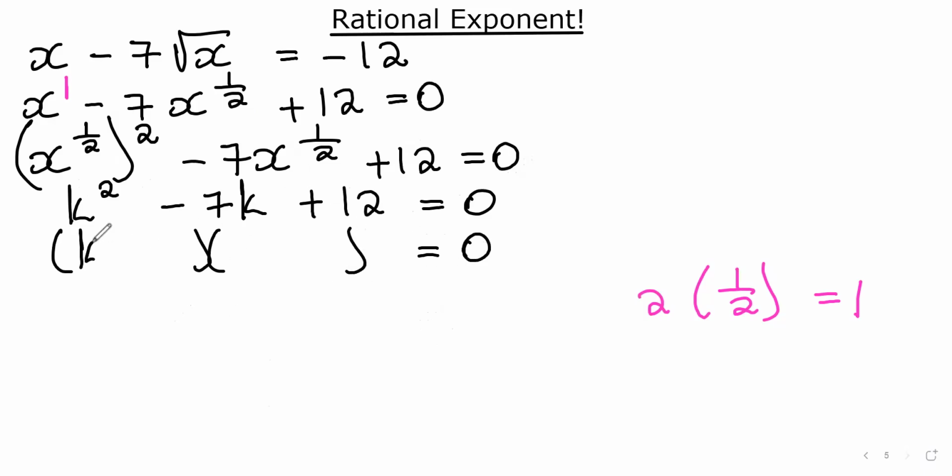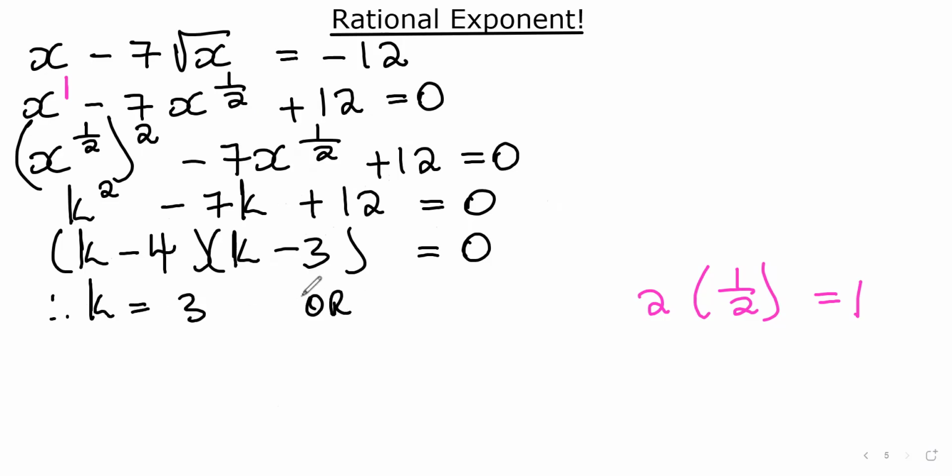Then we can now say, well, factors of k squared, that's k and k, factors of 12 that add up to 7, and both of them must be negative so that the product is positive. That can only be 4 and 3. And of course, this is what we are saying.